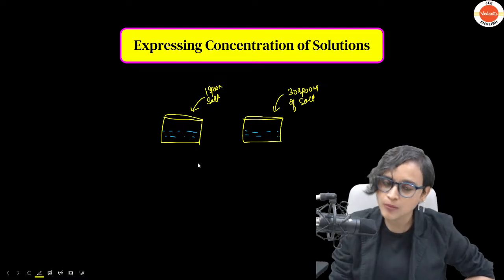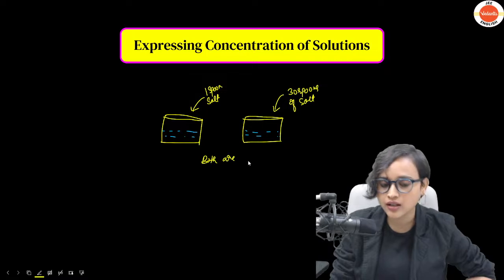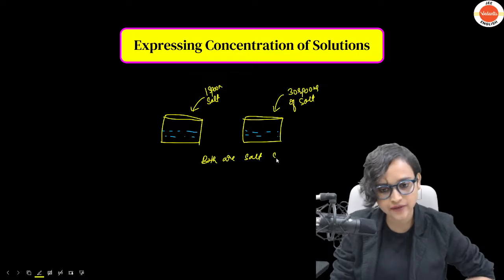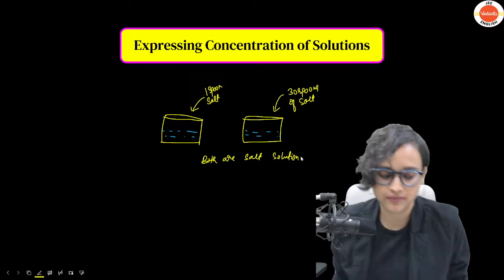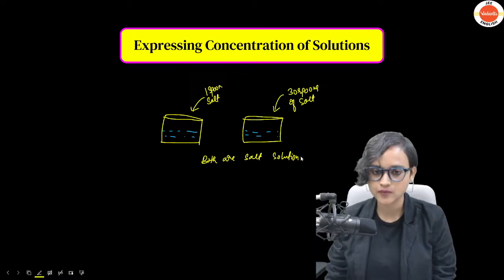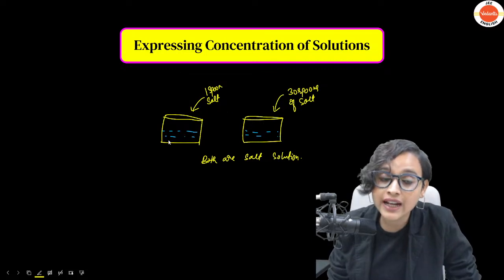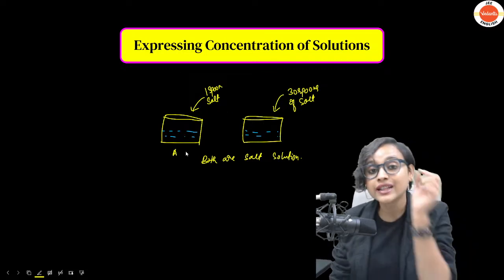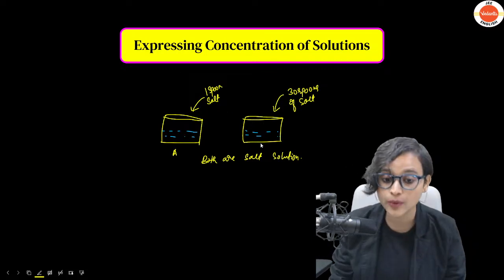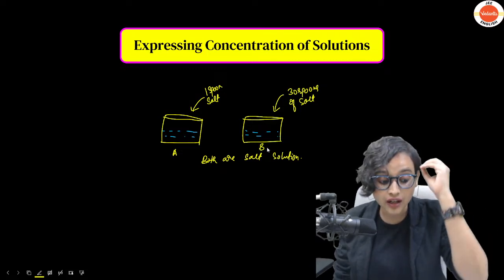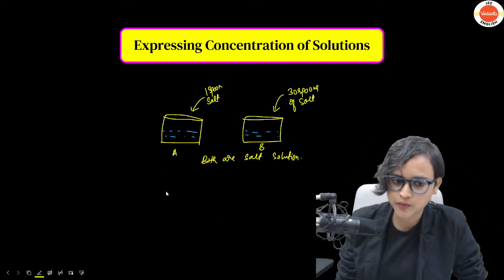Both are salt solution, isn't it, everybody? So what's the difference then? The difference is that in the A container, there is only 1 spoon of salt, whereas in the B container, there are 30 spoons of salt.